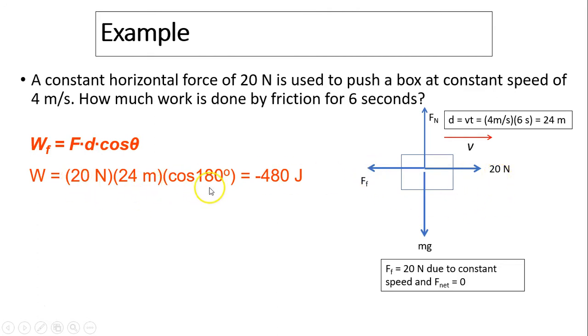So friction times d times cosine theta. In this case, theta is 180 because friction is backward and the displacement is forward, so there is 180 degrees between friction and displacement. So the friction did negative 480 joules. It slows the box down. Otherwise, without friction, the box would accelerate, because the applied force does positive work and the friction does negative work, so they cancel out.